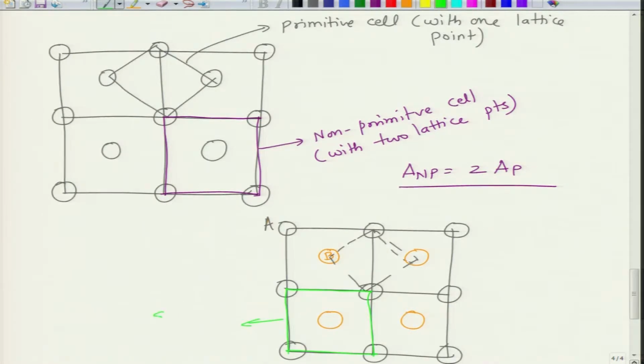So, this is the smallest repeatable cell that we will make in this unit cell. It will have one A atom and one B atom. As a result, the formula will be AB in this case. It is like saying I have a unit cell which consists of a molecule AB.